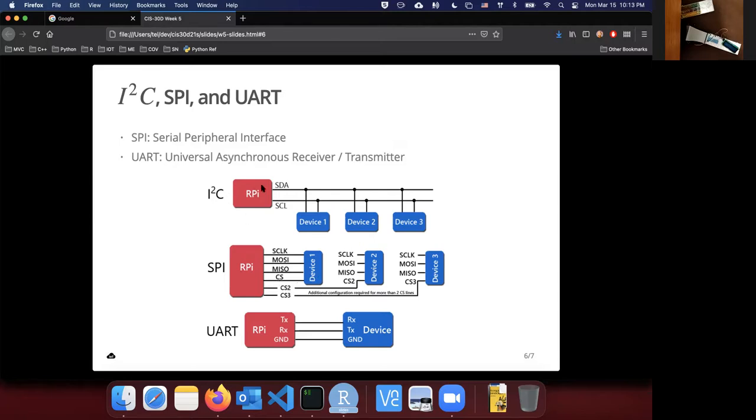In I2C, the way you connect it, typically a device only uses 2 data cables plus a ground, or optionally an additional power line as well. But for the data communication, you've got two wires: serial data, SDA, and serial clock, SCL.